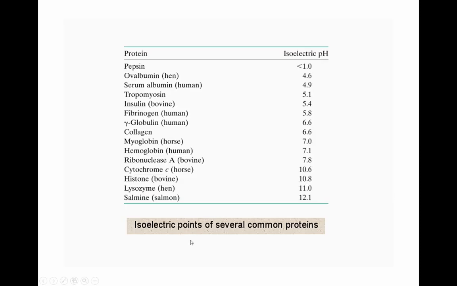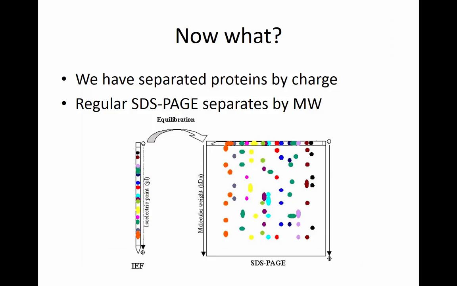And here are some isoelectric points of several common proteins, things like pepsin, ovalbumin, serum albumin. Pepsin's really very acidic in terms of its isoelectric pH, and the reason for that is it's found in the stomach. Whereas you go down here, things like lysozyme, histones, cytochrome C, they're more basic in terms of their isoelectric pH. And this might have something to do with where they can be found in cells.